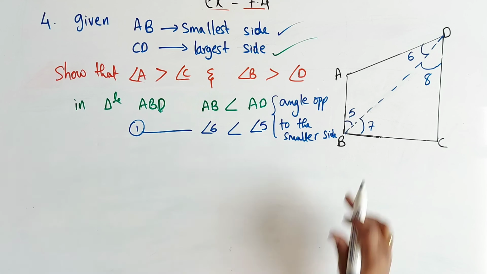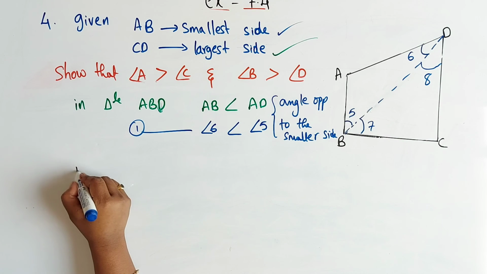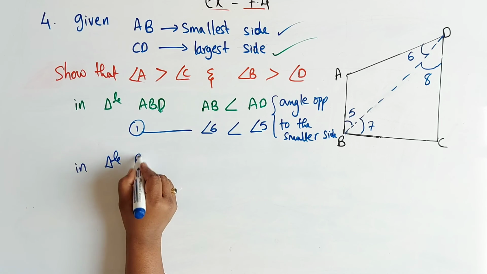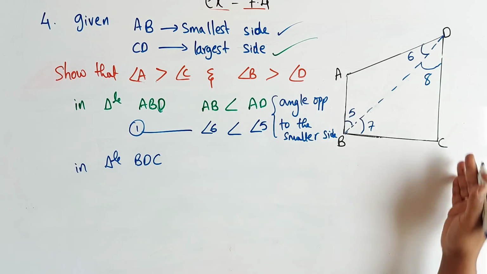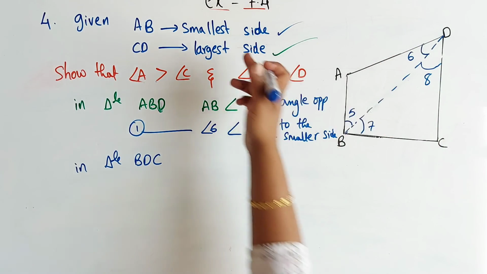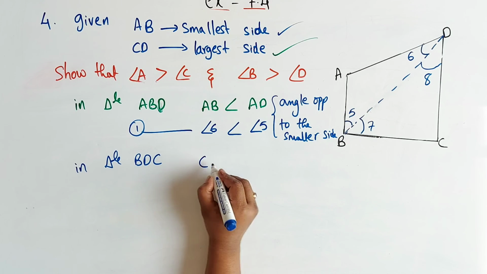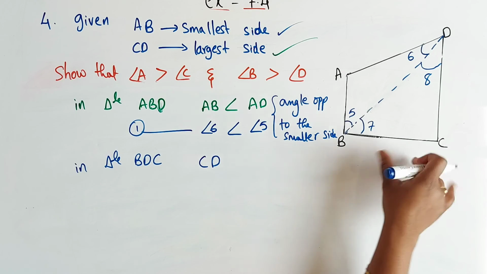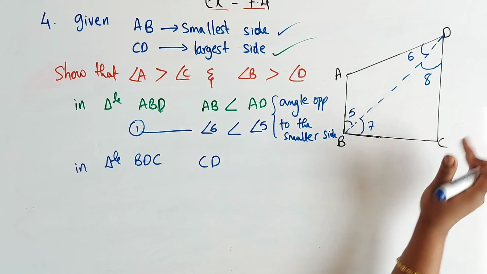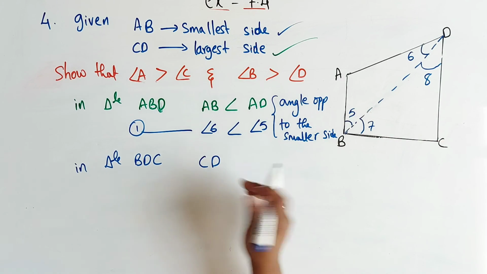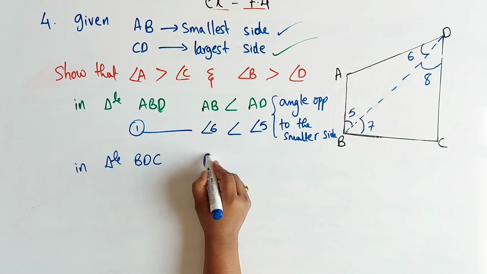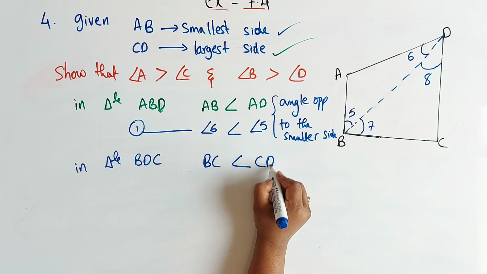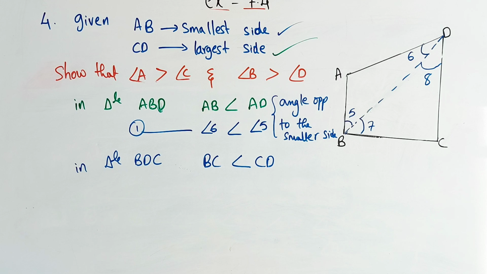Now take triangle BDC. In triangle BDC, CD is the largest side. They have already given that in the statement. When you are comparing CD and BC in this triangle, CD is the largest side. BC is less than CD, children.